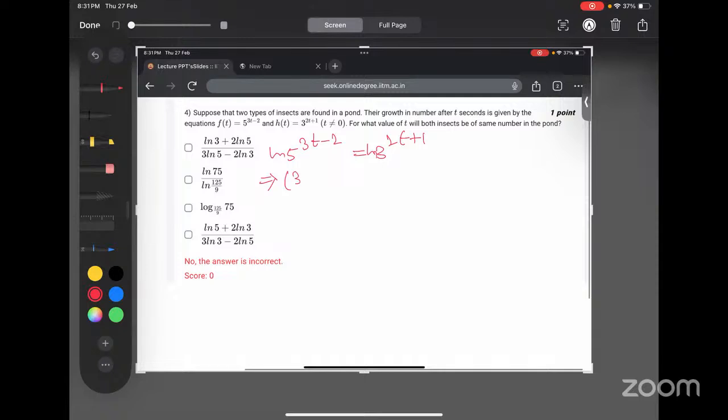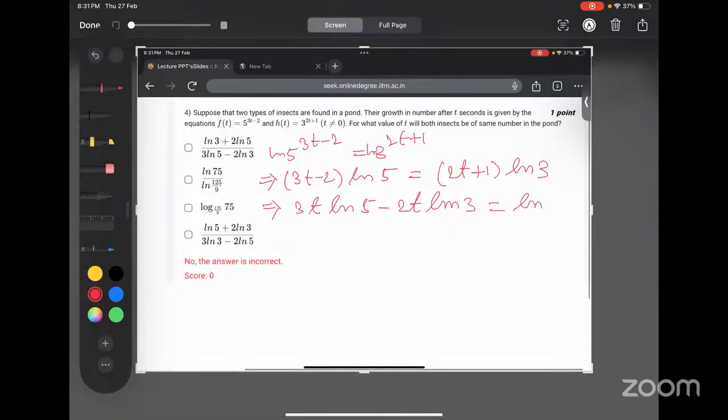Then we get (3t minus 2) ln 5 equals (2t plus 1) ln 3. Then 3t ln 5 minus 2t ln 3 equals ln 3 plus 2 ln 5.